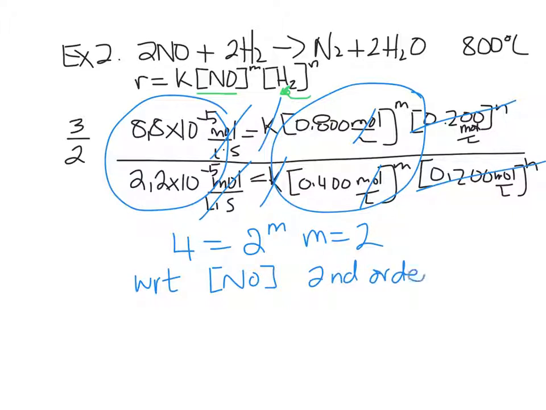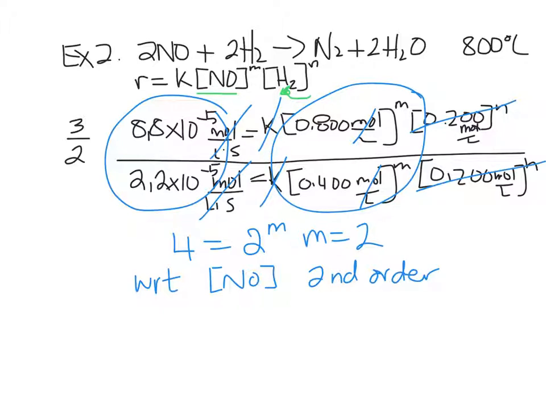That means that if we double the concentration of nitrogen monoxide, it will quadruple the rate, because 2 to the exponent 2 is 4. If we triple the concentration of nitrogen monoxide, the effect on the rate would be to multiply it 9 times faster.